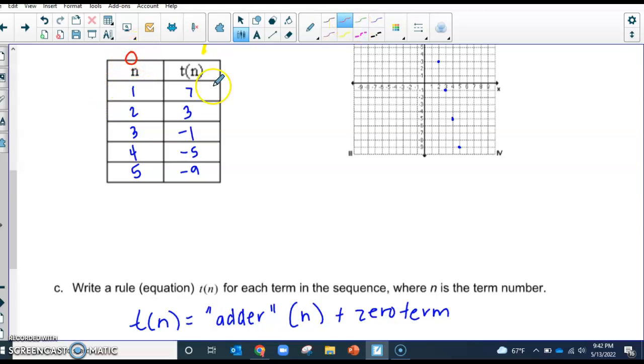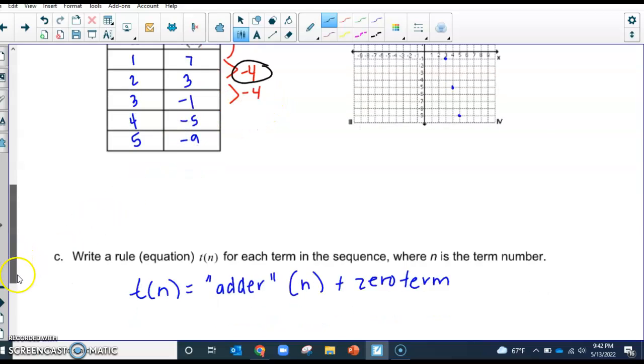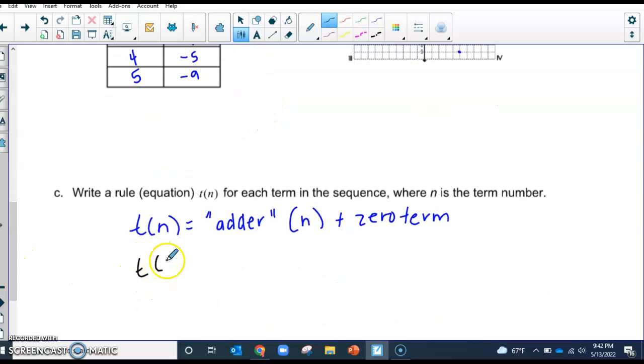So if I went back, I'm subtracting 4, but to get to my 0 term here, I would need to add 4. 7 plus 4 is 11. So 11 is going to be my 0 term. And then my adder is right here, what we're doing, -4. So when I go to fill this in, I've got t of n equals -4n plus 11.